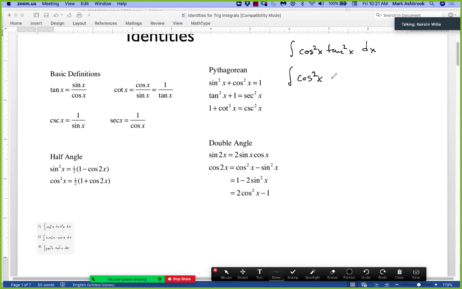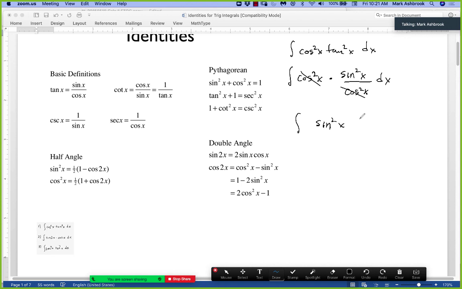Sine squared over cosine squared. Yeah, and this is very helpful. There's a lot of trial and error here, because tangent squared is also secant squared minus 1. But secant squared minus 1 isn't going to be helpful here. But tangent squared is sine squared over cosine squared, which is helpful, because then our antiderivative becomes just sine squared.